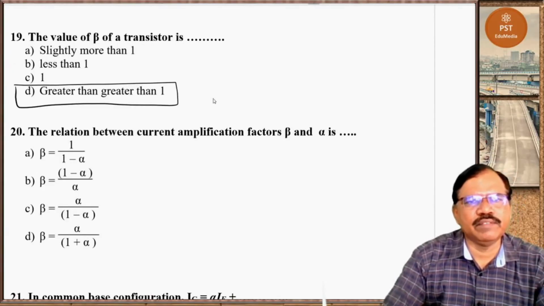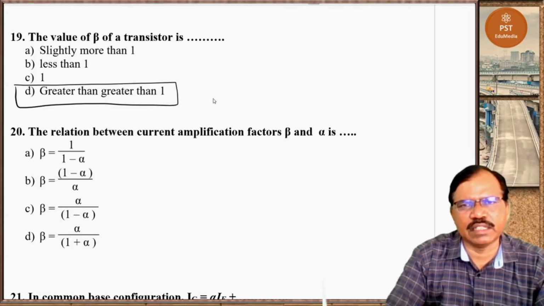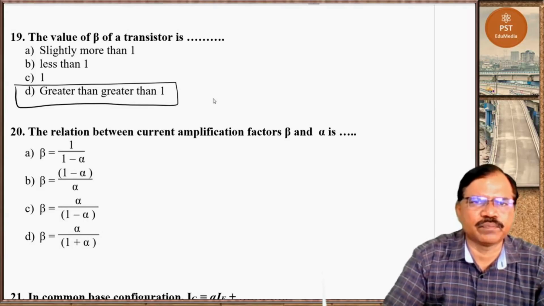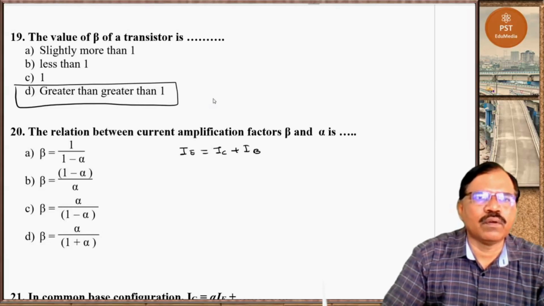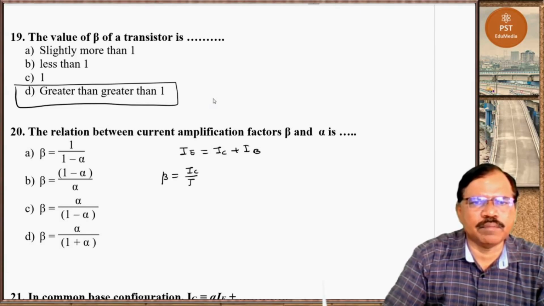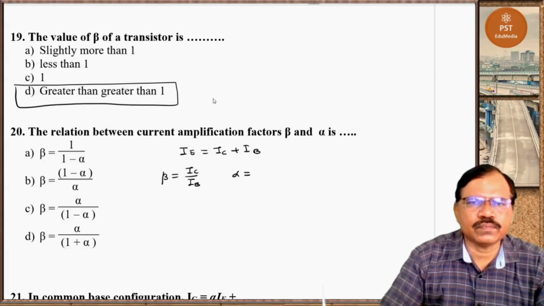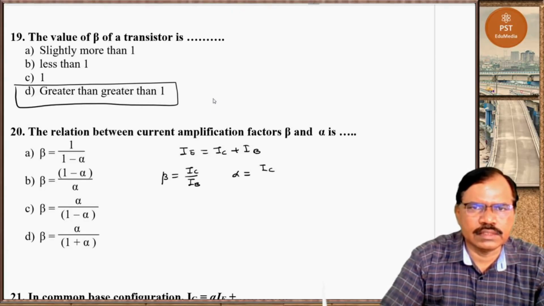The relation between current amplification factor beta and alpha is. Now we know IE is equal to IC plus IB. What is beta? Beta is IC upon IB. And alpha is IC upon IE.